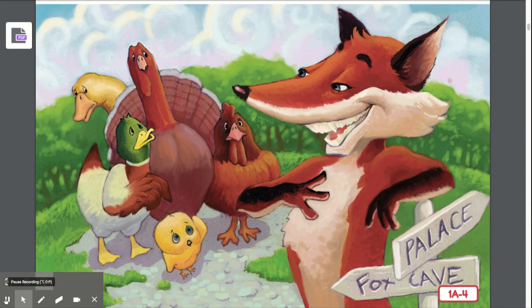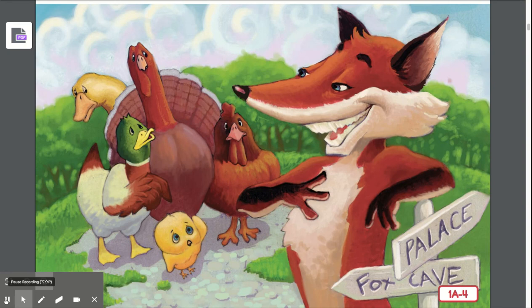Chicken Little tells others that the sky is falling. Foxy Loxy tries to trick the animals that believe the sky is falling. The animals get away from Foxy Loxy. The events are also the main plot or the points in the story.